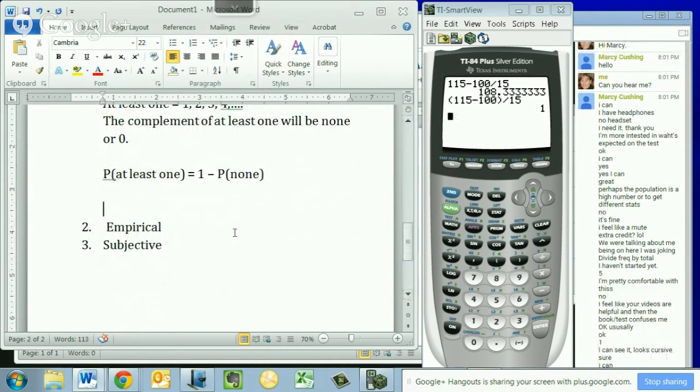But anyway, okay, so that's the classical approach. We also looked at the empirical approach, and I alluded to that previously, and that was, if you had a frequency table and you computed relative frequencies for the different categories, those relative frequencies could be used as estimates of probabilities.